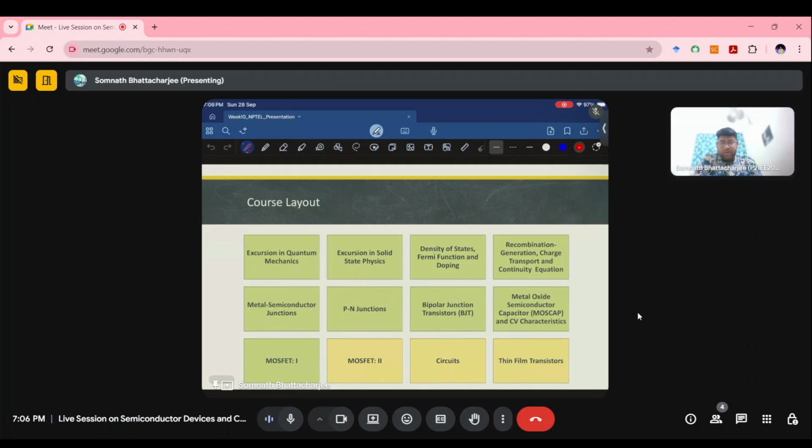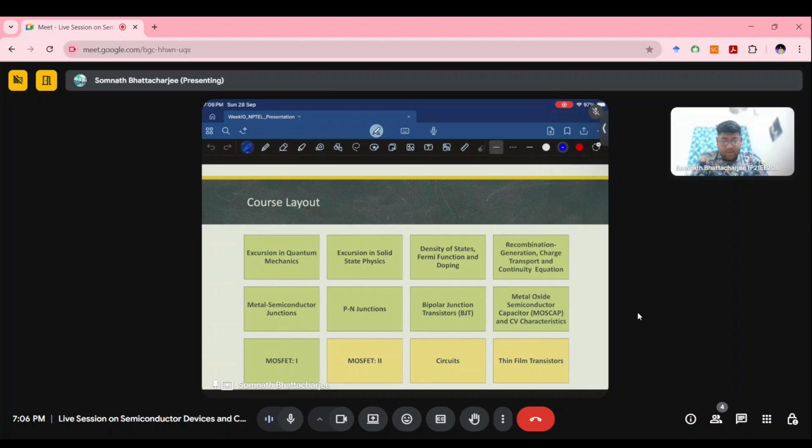Up until now in this course we have already learned about the BJTs and MOSFETs, and in the last week we learned about the MOSFETs, that is metal oxide semiconductor field effect transistors. We have already learned the basics of these MOSFETs.